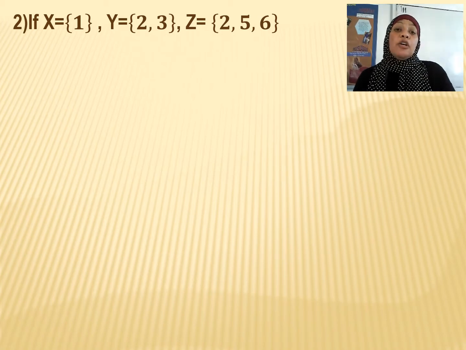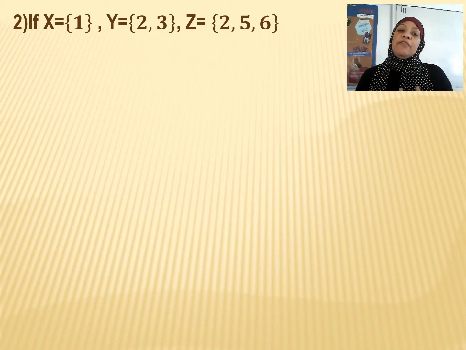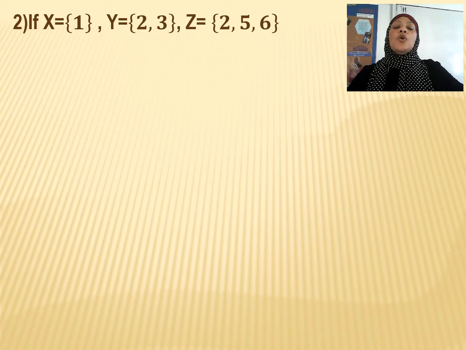So what is the meaning of union? If I ask you for the union between sets, it means I need to collect all the elements inside the set between braces, without repetition.